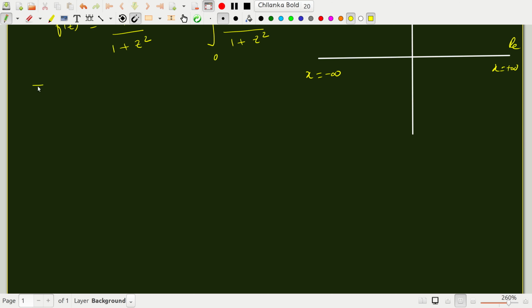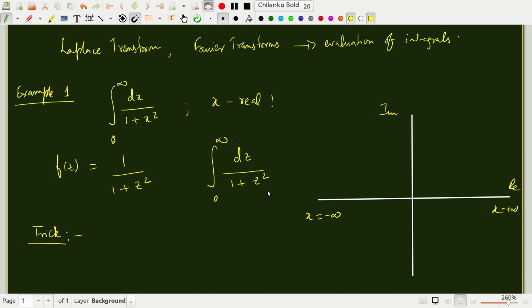Now the trick in evaluating almost all the integrals using the residue theorem is to somehow bring a contour into the picture. Instead of going from minus infinity to plus infinity, let's imagine that you are going from minus r to plus r, and eventually we'll take the limit r going to infinity.